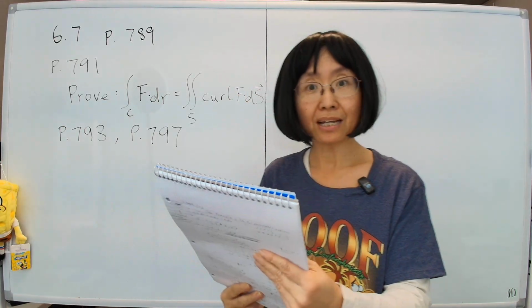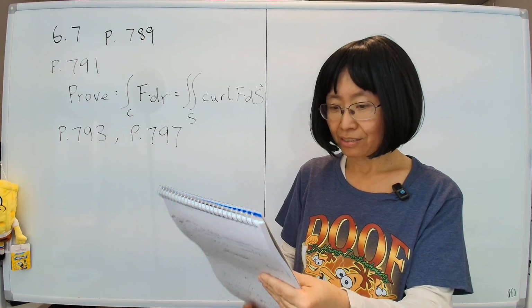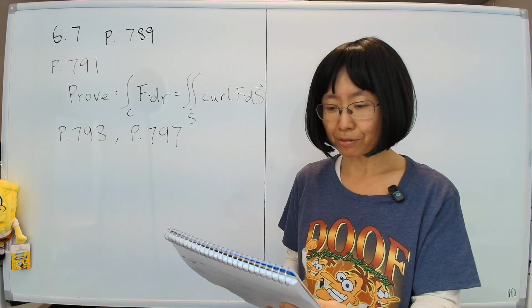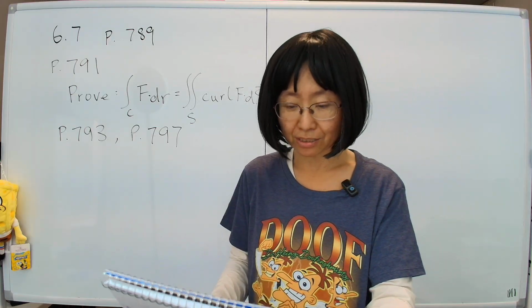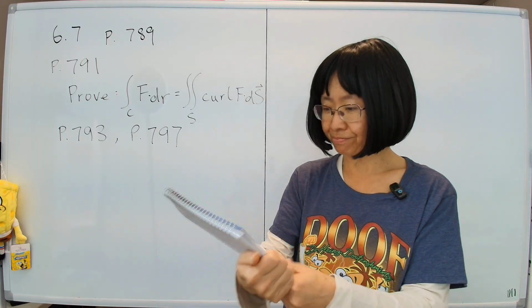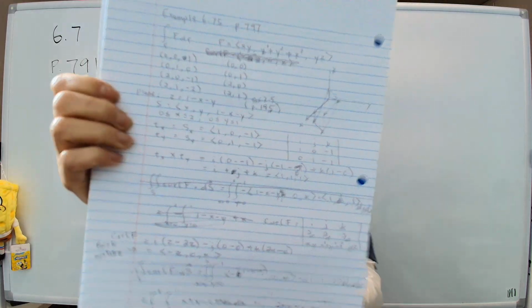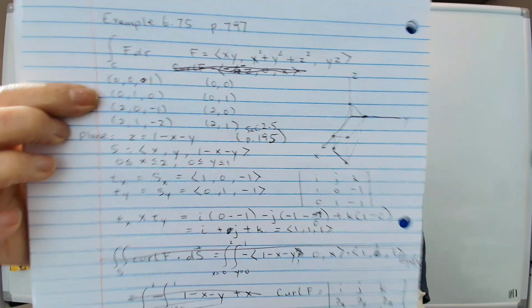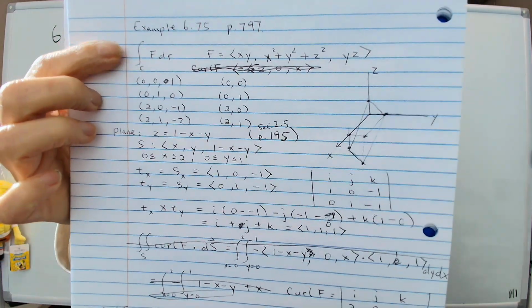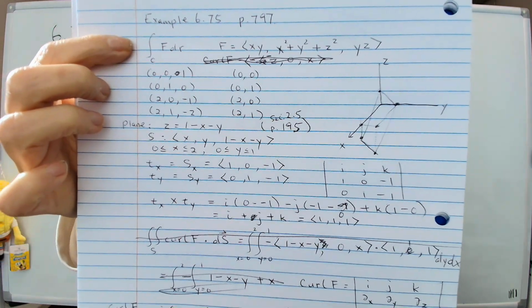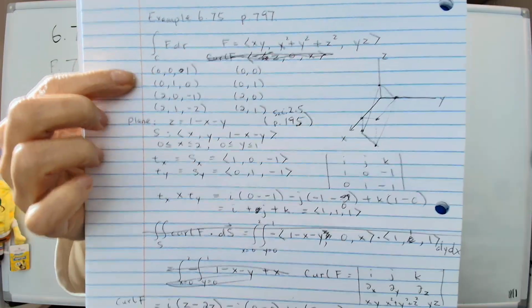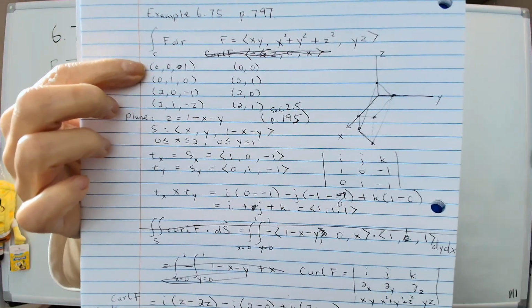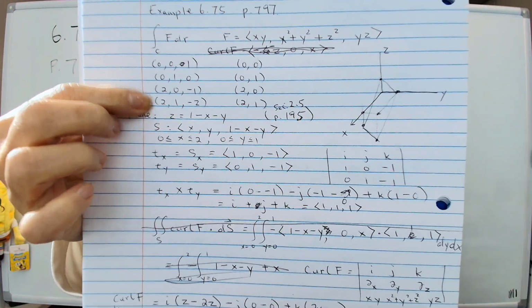So I want you to focus on this example because you're going to need the skills taught here in your homework. I have example 6.75 written out. We are supposed to do the integral of F dot dr, where F is equal to that pile of stuff, and our C is made of 4 points.